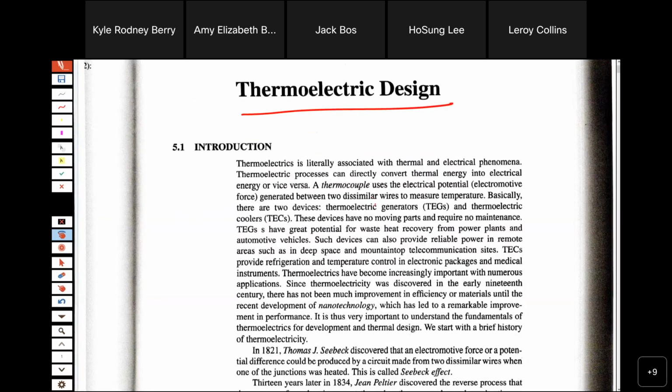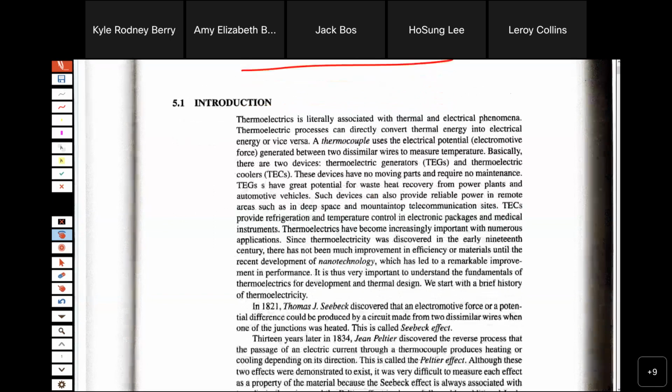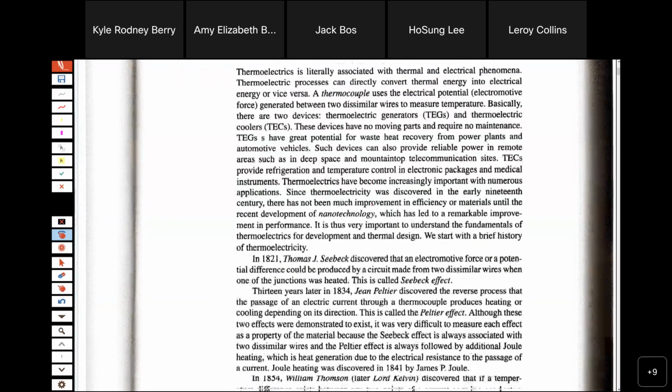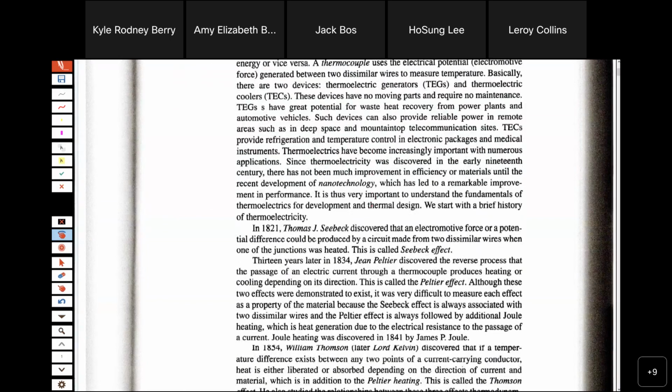Usually, electricity is not easy to generate. Okay, some heat, energy, combustion, and steam and an electric generator, and then electricity. But thermoelectric is from material.